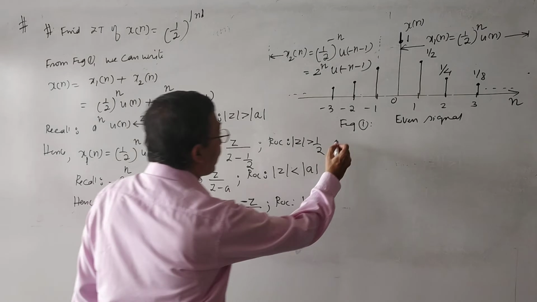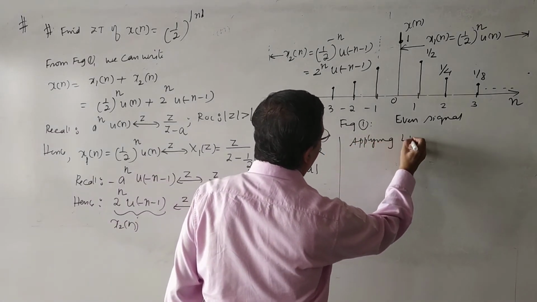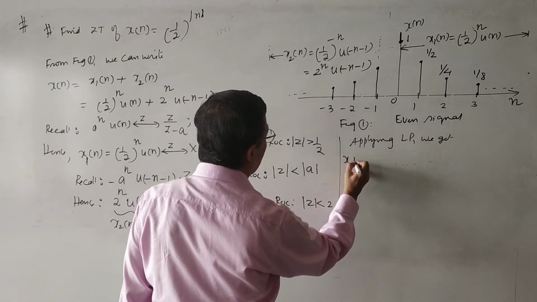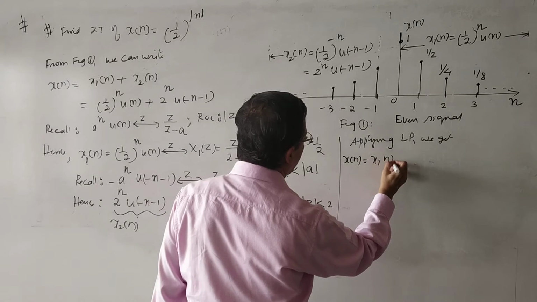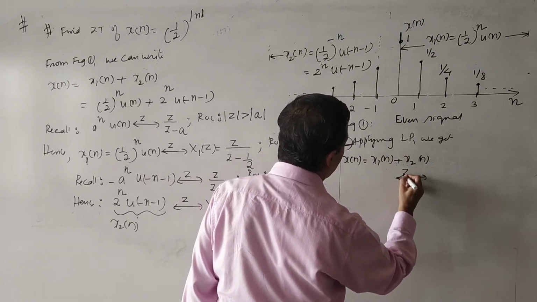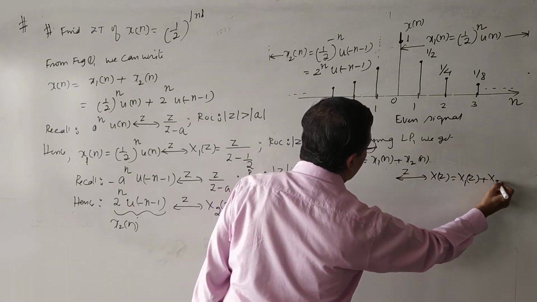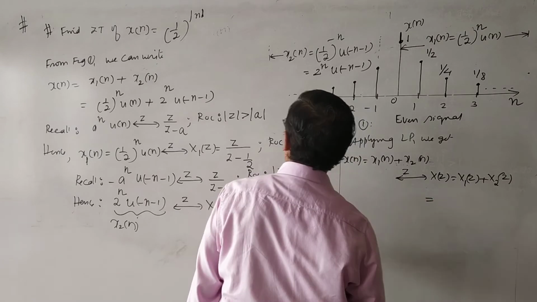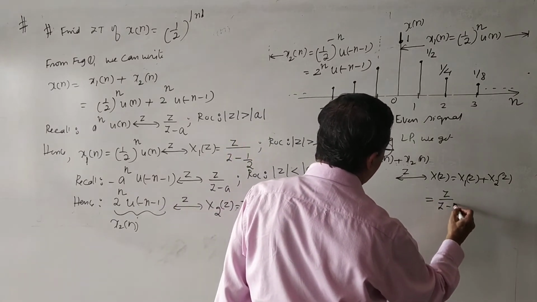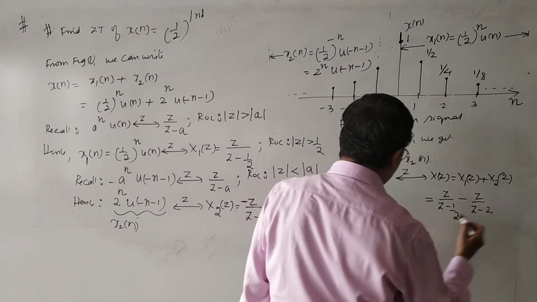So correct. Next, applying the linearity property, we get x of n equal to x1 of n plus x2 of n has a z transform X of z equal to x1 of z plus x2 of z, equal to z divided by z minus half minus z divided by z minus 2.